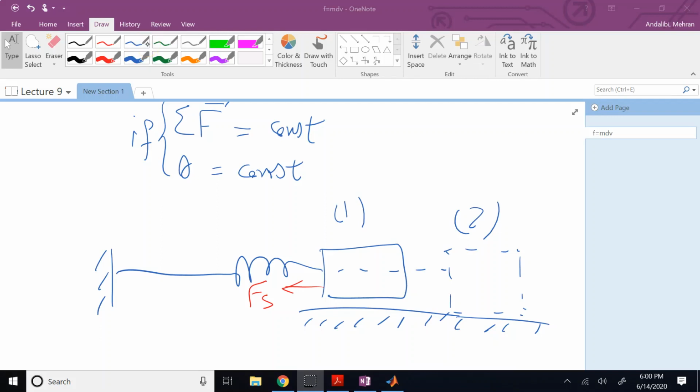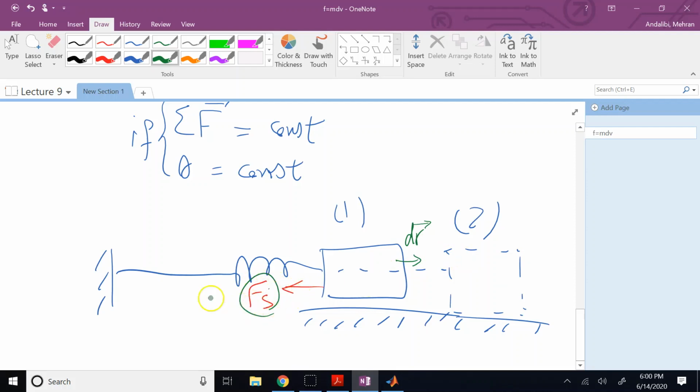So when I move from position 1 to 2, although the angle between my displacement at any point and the force of the spring does not change, it's always 180, the magnitude of this force of the spring does change as I move from 1 to 2.